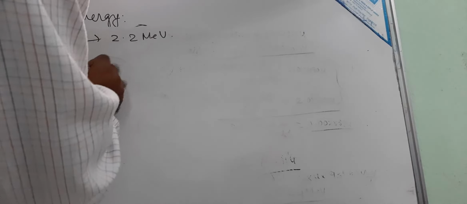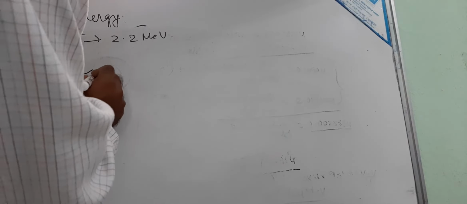In the case of 1H2, the binding energy is 2.22 MeV, million electron volt.